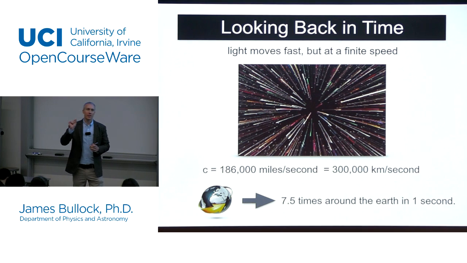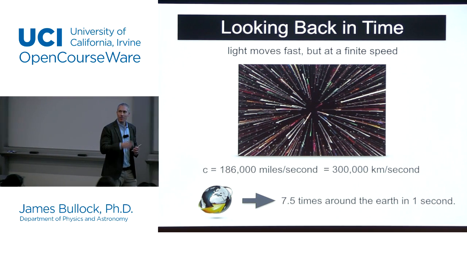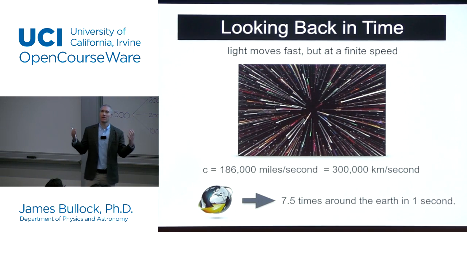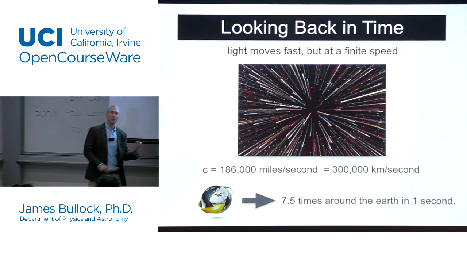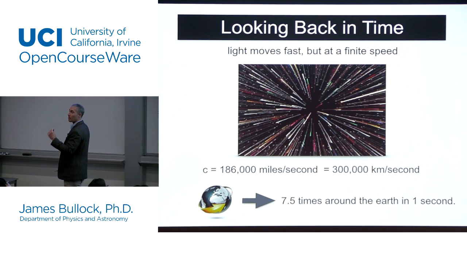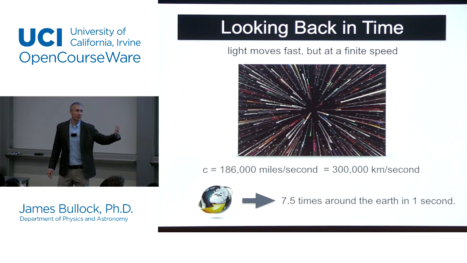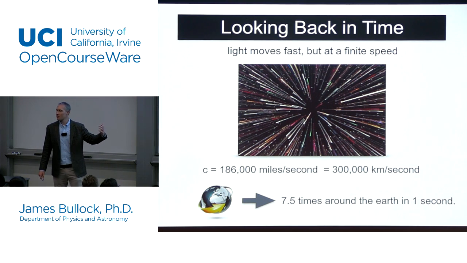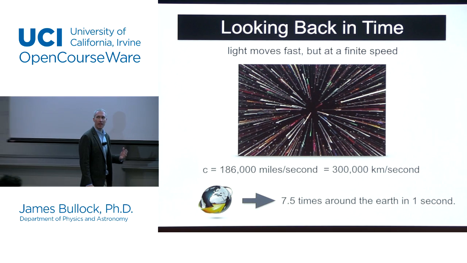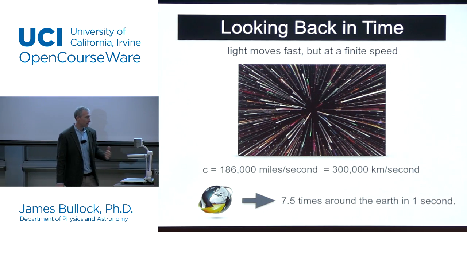Something traveling that fast can go around the Earth almost 8 times in a single second. So in the everyday experience we have, light is effectively infinitely fast. But when we're dealing with things on an astronomical time scale, it's not. And it's important that it's not. In fact, we use the fact that light travels at a finite speed to learn something.